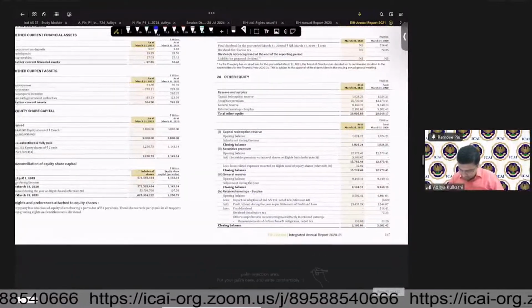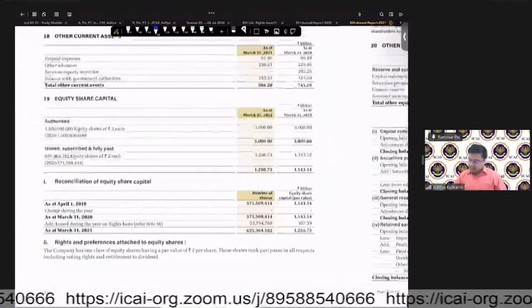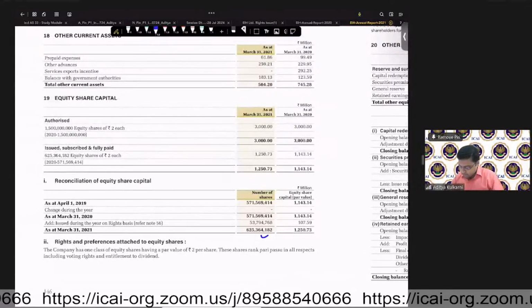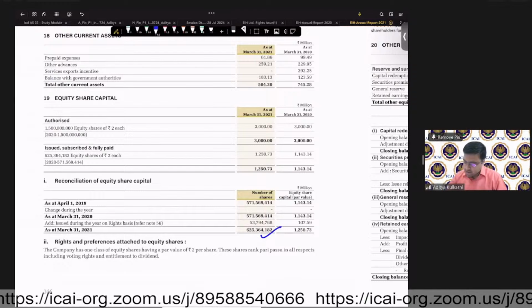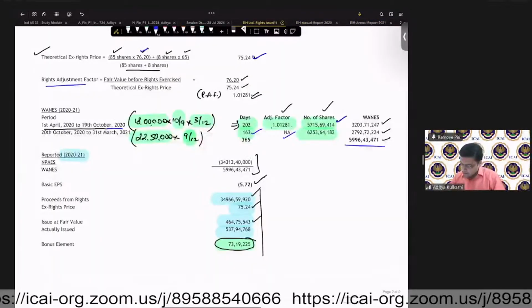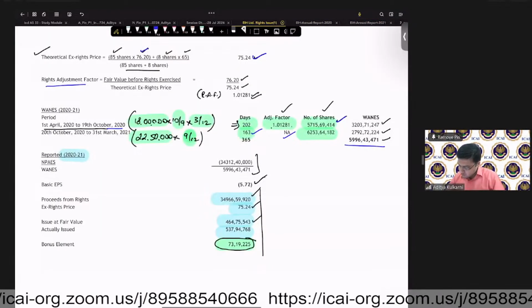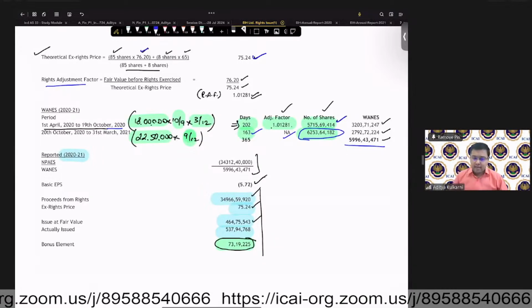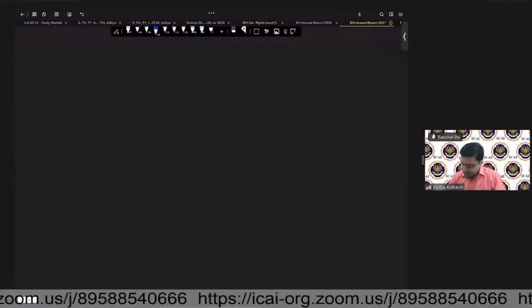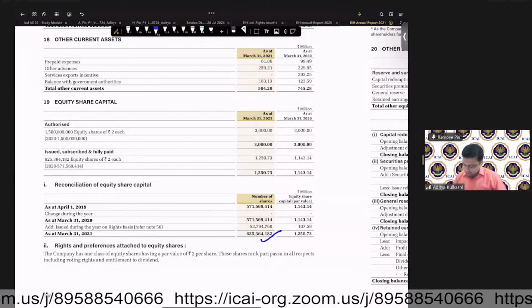You can see the number of equity shares here, 62,625,364. So is it matching my working? Yes. This is the number of shares after issue. So that is the number of shares that we have.